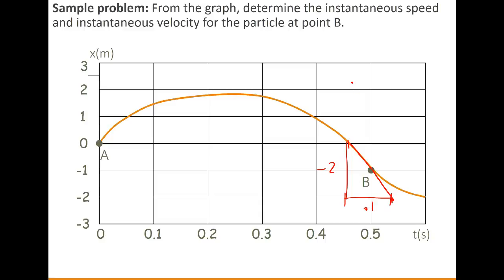So that means that the instantaneous speed is just going to be 20 meters per second, but the instantaneous velocity will contain the direction. So that's the negative direction. Okay, so speed and velocity become the same when we're talking about instantaneous. Or another way to think about it is that instantaneous speed is the magnitude of instantaneous velocity.